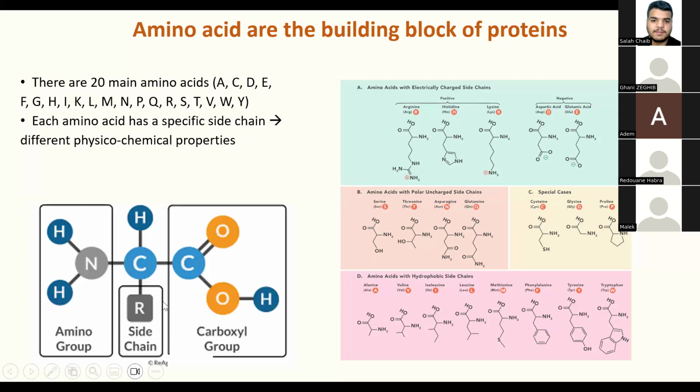This R side chain is different from one acid to another, and this side chain attributes to the amino acid a physicochemical property that could be, like, a positively charged amino acid, negatively charged amino acid, and other different chemical properties.